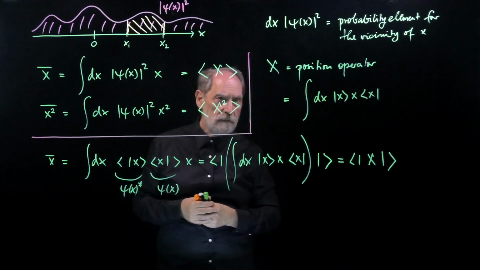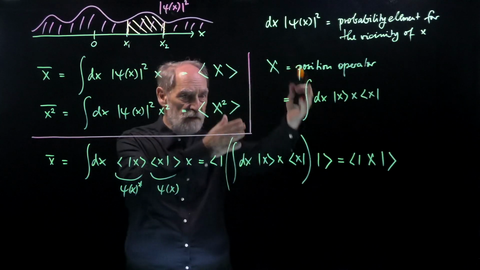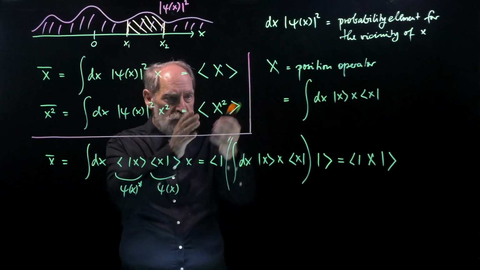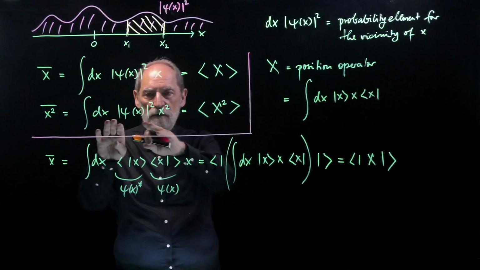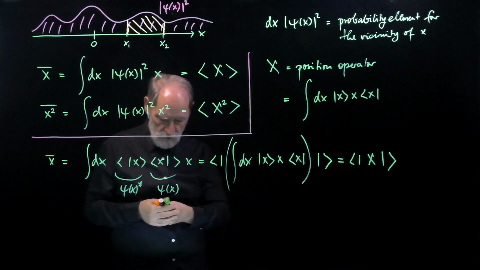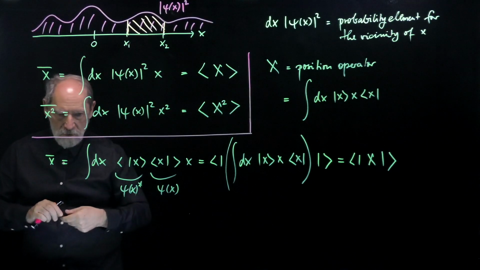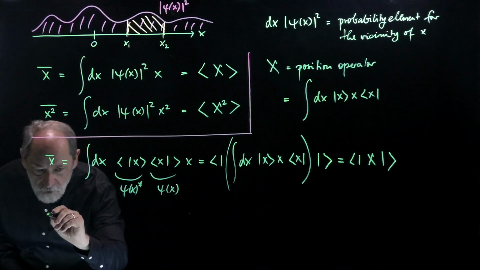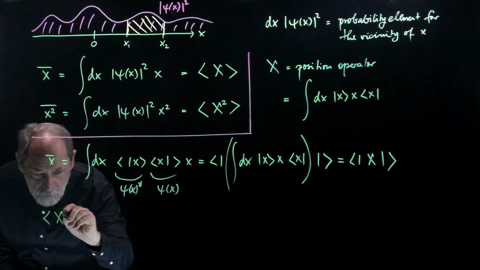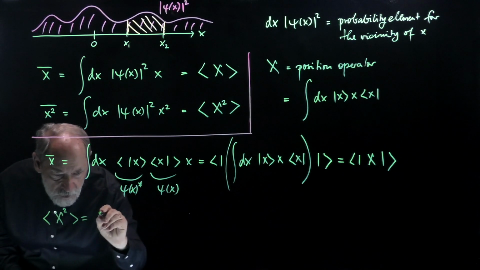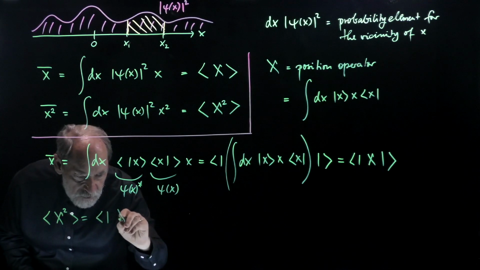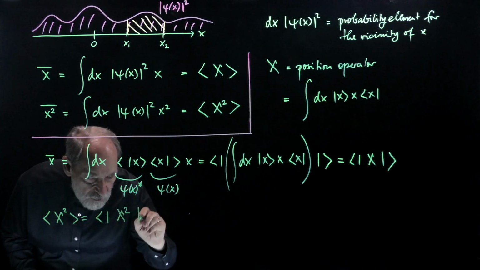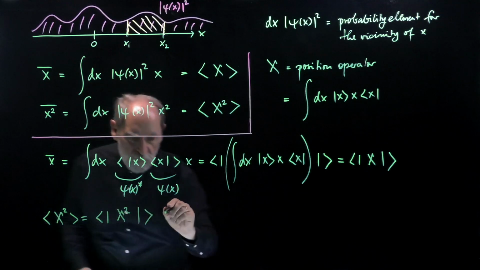So, but now let's see, if with this definition we look at the expected value of x squared, whether it agrees with this expression. So let's do that in the next line. So I'm now looking at the expected value of x squared. So that's the bra for the state, the operator x squared, the ket for the state.